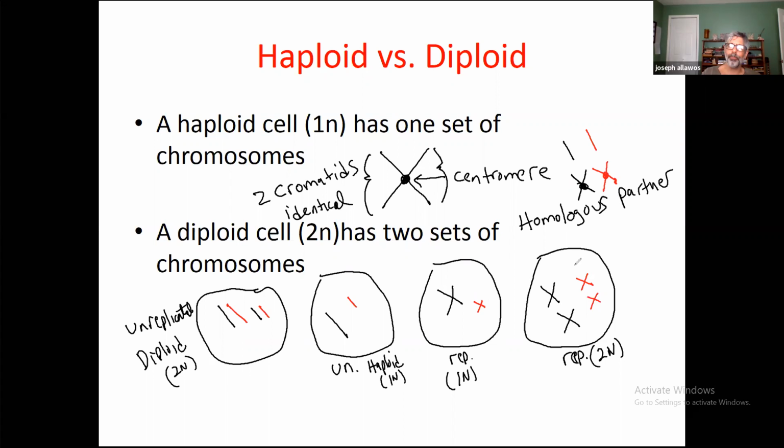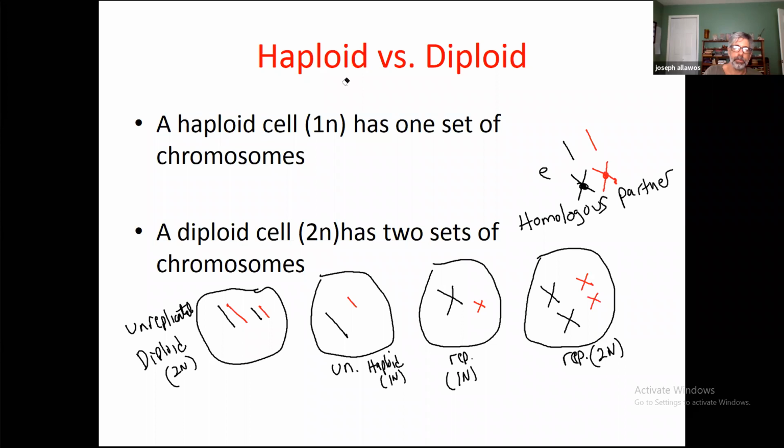And you might be wondering, what makes them partners? What makes a homologous pair of chromosomes? What makes them partners is that they have the same genes, okay? So let's write that down. That's important. Why are they partners? Is the question. And the answer is, homologous chromosomes have the same genes.